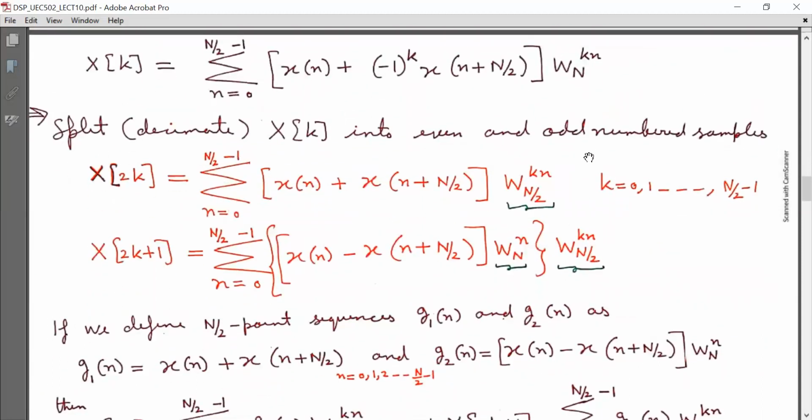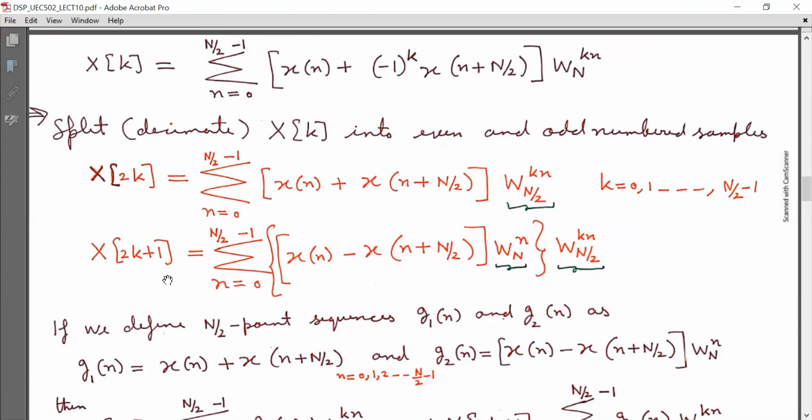Now here we do splitting or decimation of Xk into even and odd numbered samples. Now, we will calculate X2k and X2k plus 1, even samples and odd samples. So X2k is equal to summation n running from 0 to N by 2 minus 1 xn plus x n plus N by 2 bracket close into W raised to power kn with base N by 2.